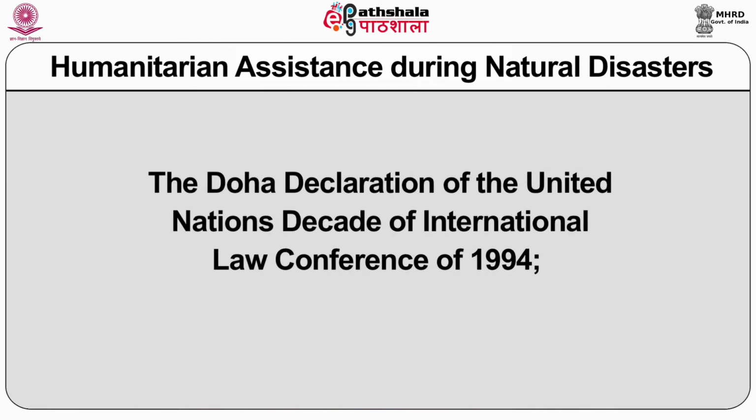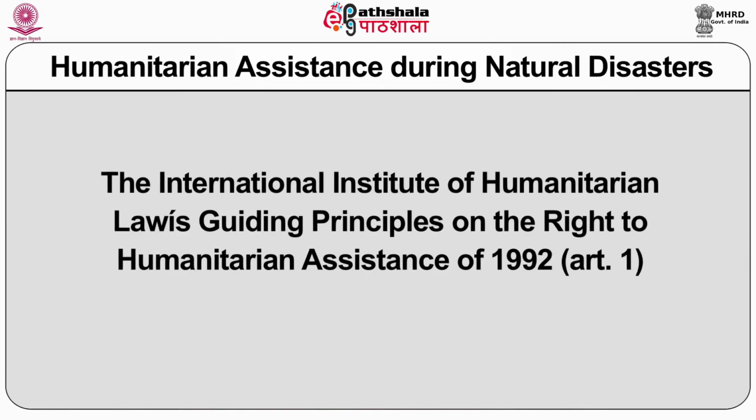The Doha Declaration of the United Nations Decade of International Law Conference of 1994, the International Institute of Humanitarian Law's Guiding Principles on the Right to Humanitarian Assistance of 1992, Article 1, the Guiding Principles on Internal Displacement of 1998, Principle 3, and the Mohonk Criteria for Humanitarian Assistance in Complex Emergencies of 1995 also deal with the right to humanitarian assistance during natural disasters.